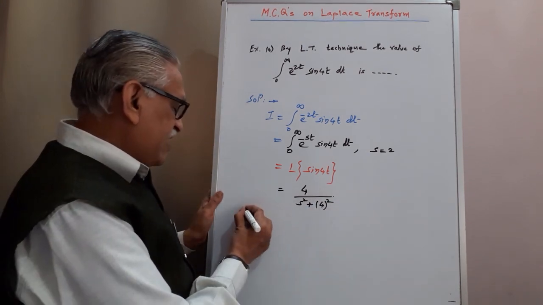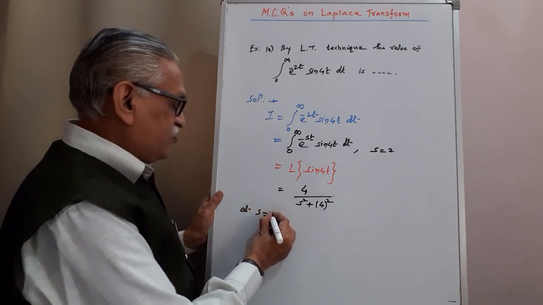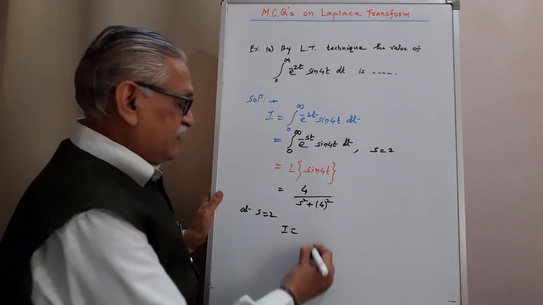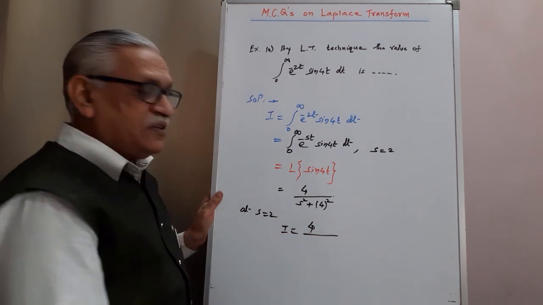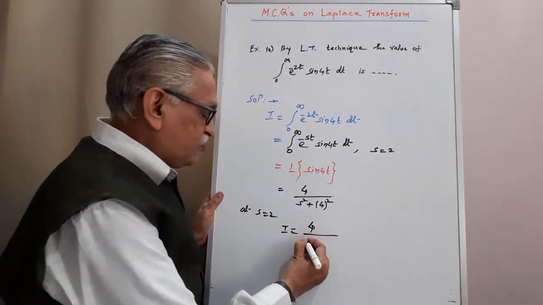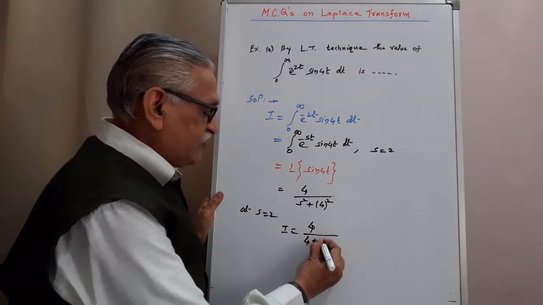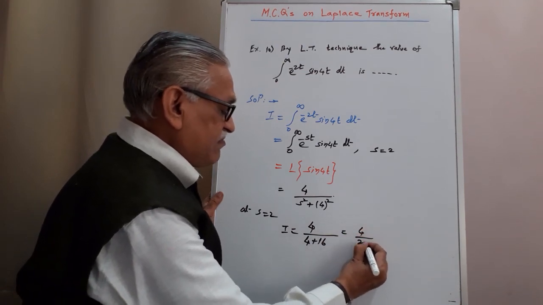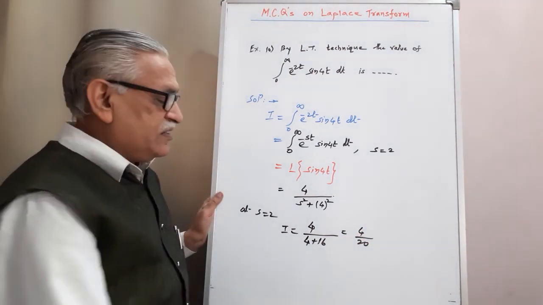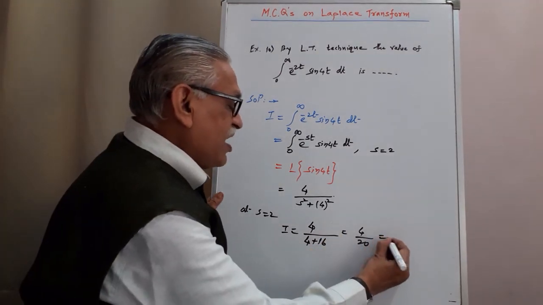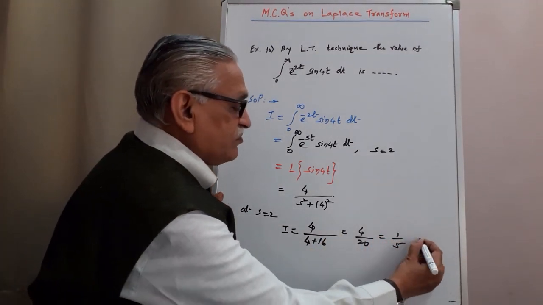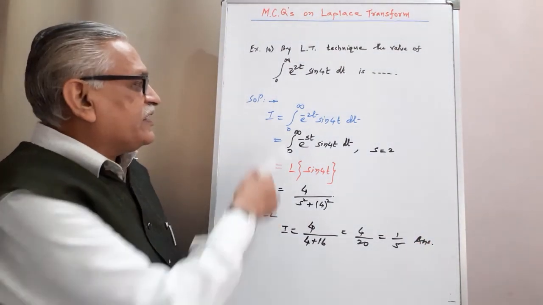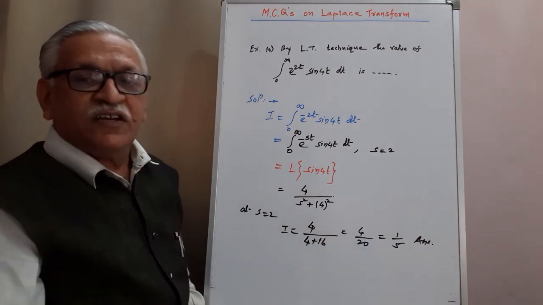At s equal to 2, we get the value of the integral as 4 upon s square. The value of s is 2, 2 square is 4, 4 square is 16, therefore it is 4 by 20. 16 plus 4 is 20. Dividing by 4, we get that value as 1 by 5. The value of that definite integral by the Laplace transform technique is 1 by 5.